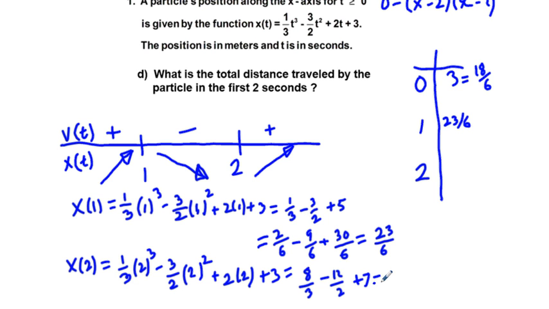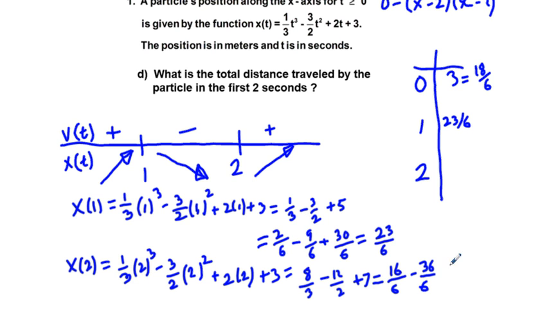So we're going to rewrite this all in sixths. 8 over 3 is going to be 16 sixths. And we're going to have minus 12 over 2, which is the same as minus 36 over 6.